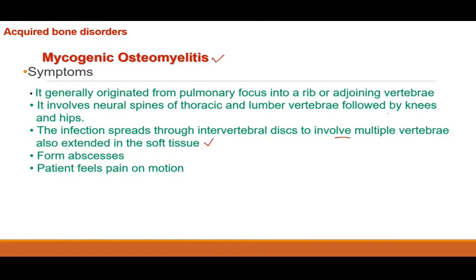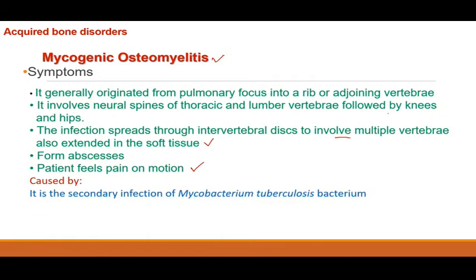So the patient feels pain on motion. Compression fractures, kyphotic deformities, and nerve compressions are also there. As far as causes of this disease are concerned, tuberculosis osteomyelitis is a secondary infection of Mycobacterium tuberculosis, which is a bacteria.